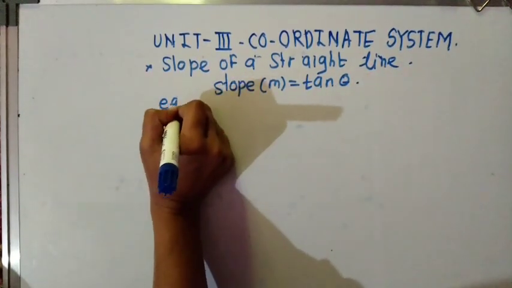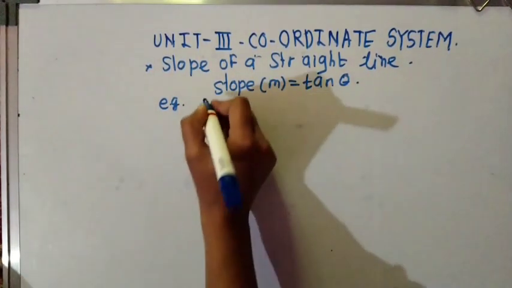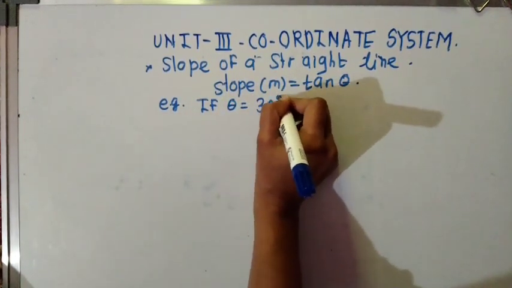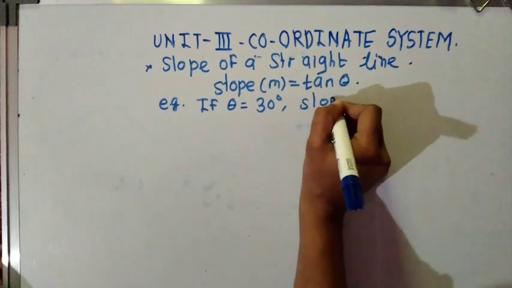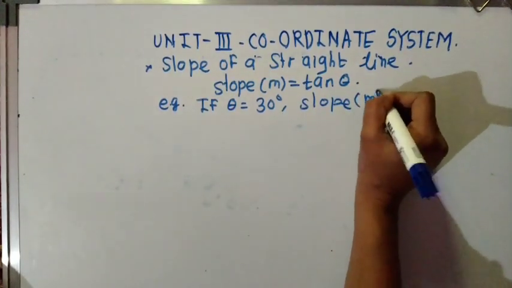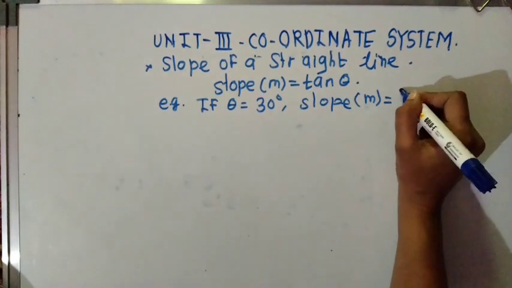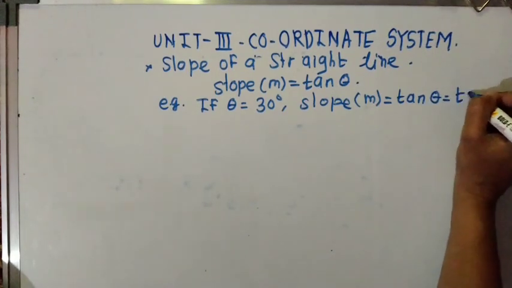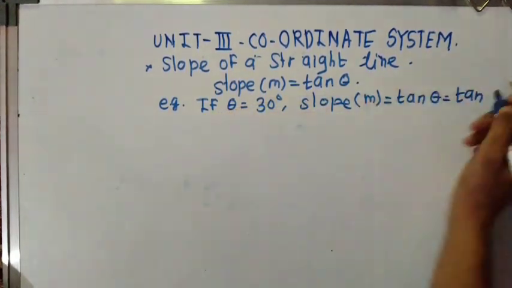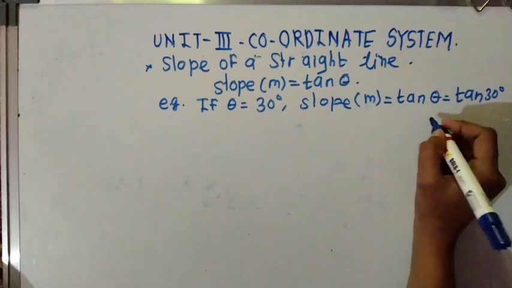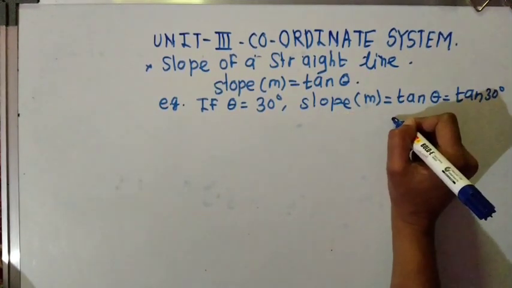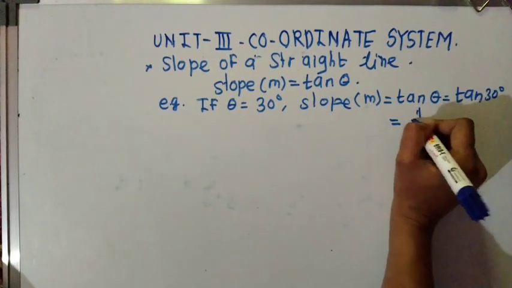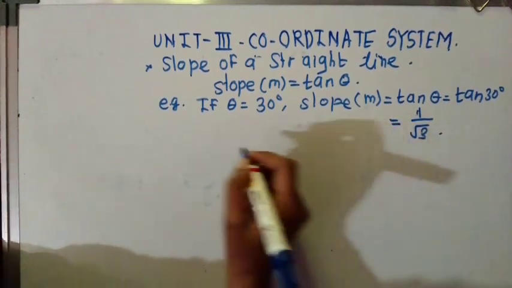For example, suppose theta is equal to 30 degree, then slope m is equal to tan theta, which means tan 30 degree, and tan 30 degree is equal to 1 upon root 3.